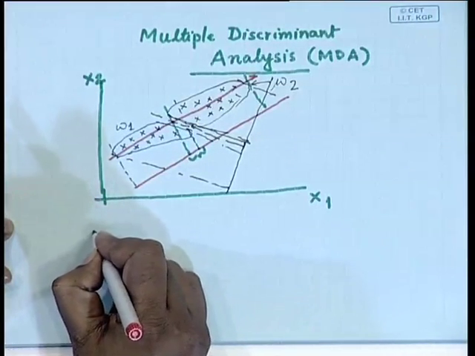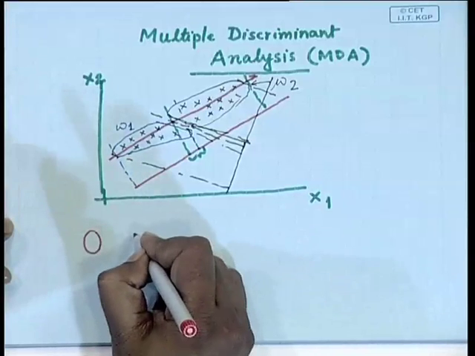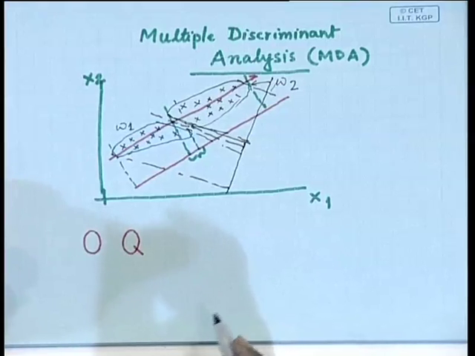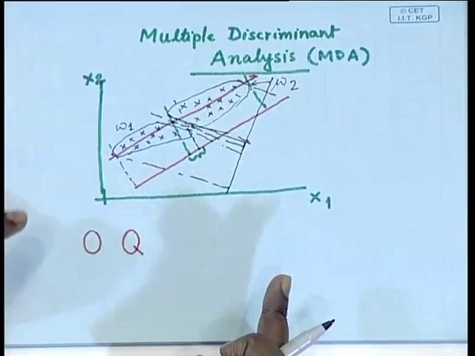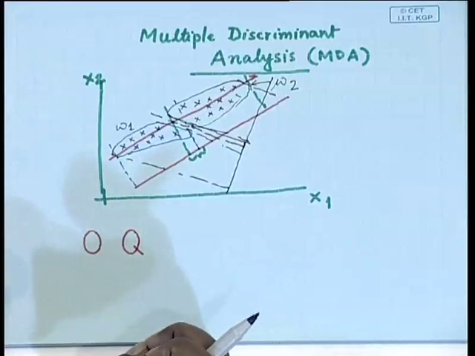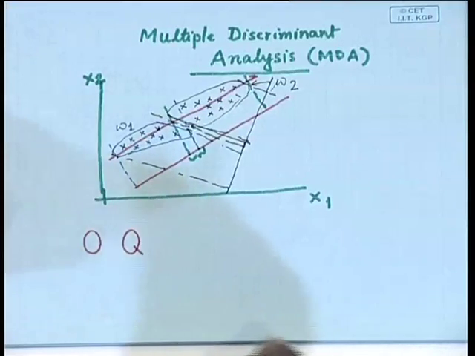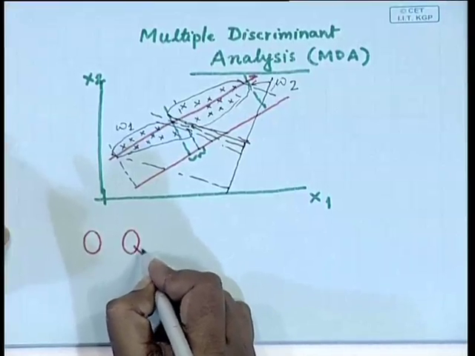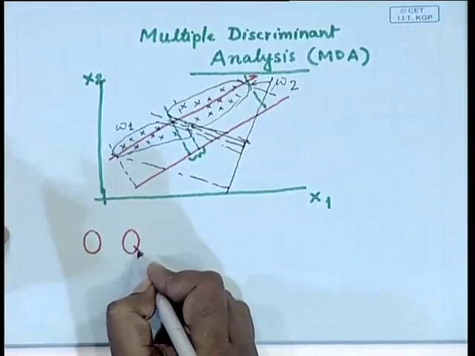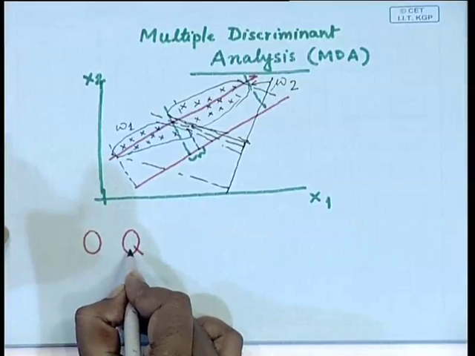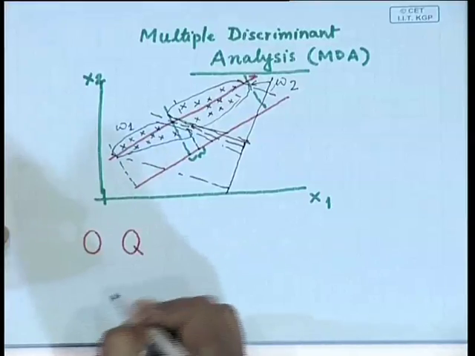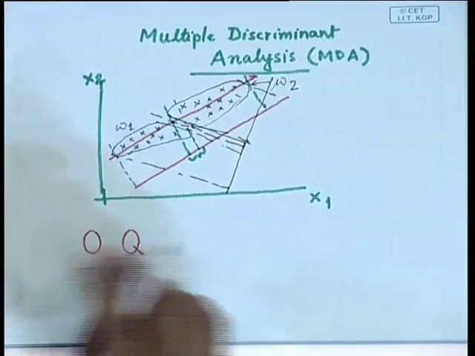One is, say, printed character O, the other one is printed character Q. When I take the principal component analysis, the principal components try to capture the gross features of the patterns, and while doing so, it may ignore the subtle feature corresponding to this tail, whereas this tail is most important to discriminate between O and Q. Principal component analysis may ignore the feature corresponding to this tail part, and unless I have that information, I cannot discriminate between O and Q.